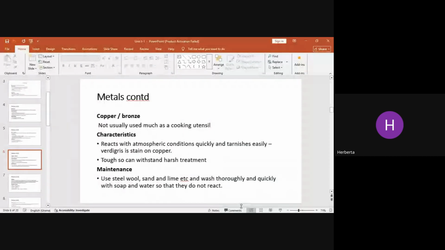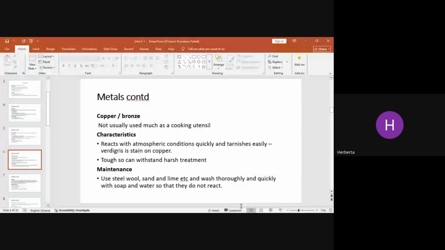These copper or bronze are tough and they can withstand harsh treatment. How do you maintain them? You use steel wool, sand and lime, etc., and wash thoroughly and quickly with soap and water so that they do not react.